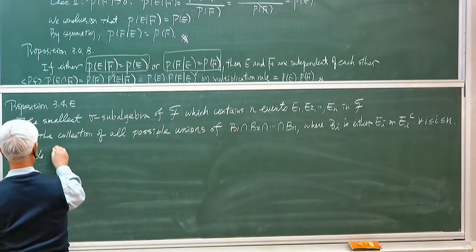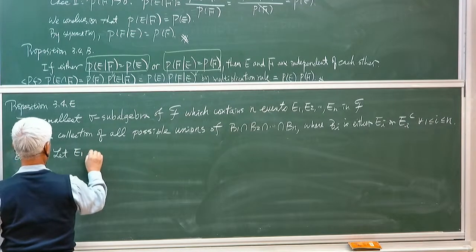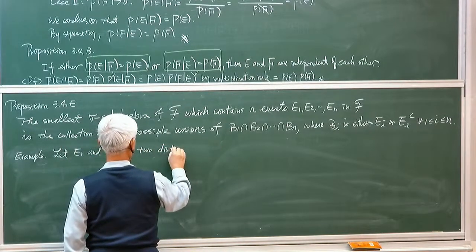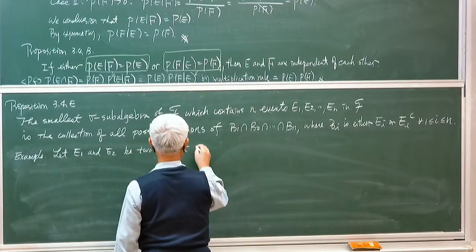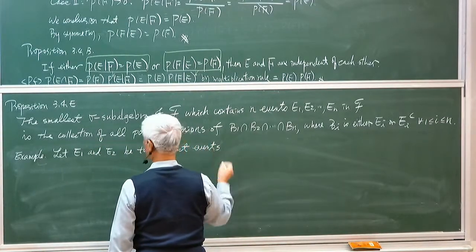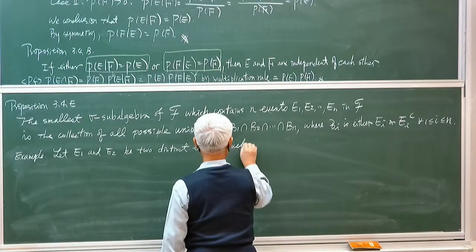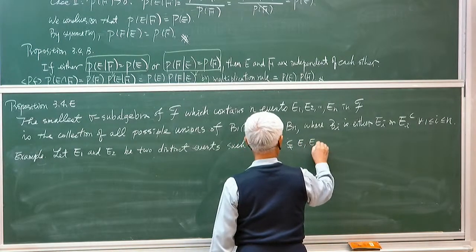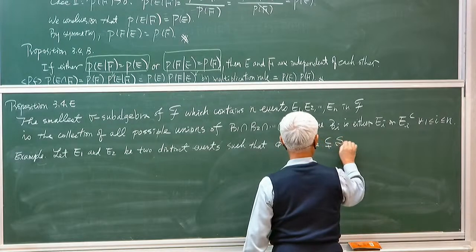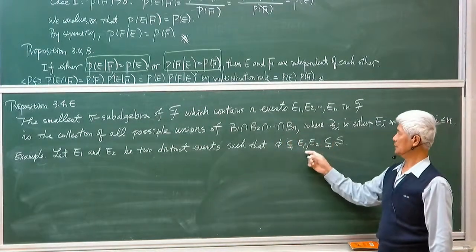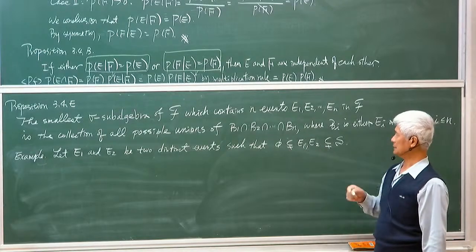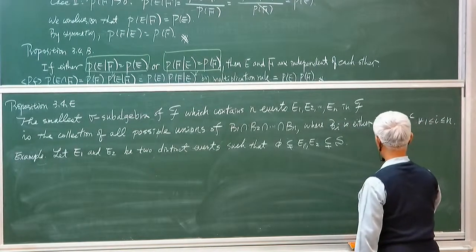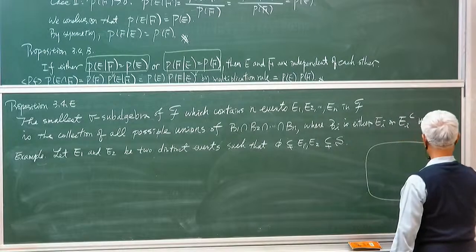Let E1 and E2 be two distinct events such that none of them are empty or the total event. Now we can think about that.